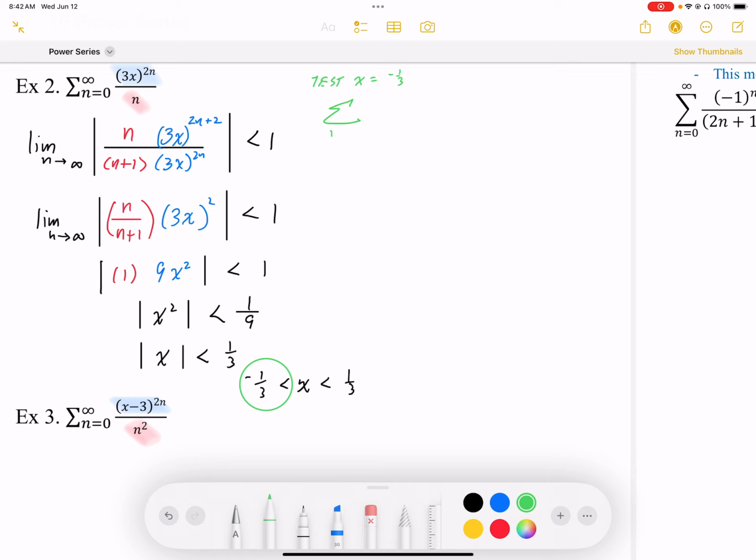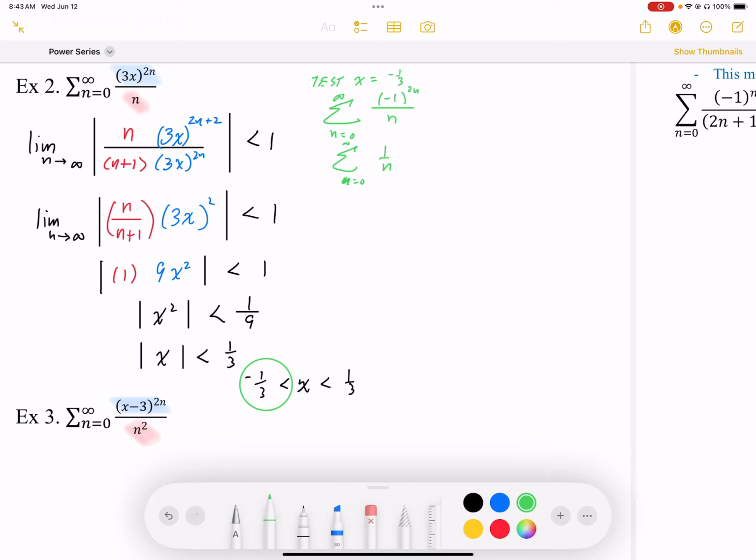And when I put it into the original series, I'm going to end up with negative 1 to the 2n, and that's all over n. Well, since that's an even power, that's equivalent to the sum from n equals 0 to infinity of 1 over n.